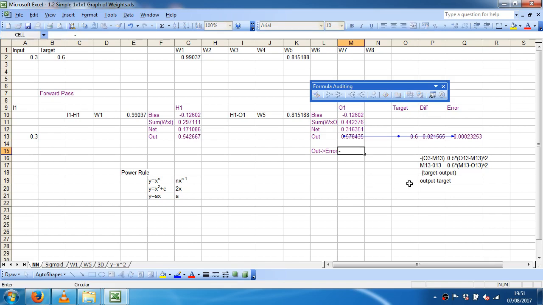So minus the target minus the output. Good, we're off and running. So we've got the first stage of our partial derivative, which is the first step here.